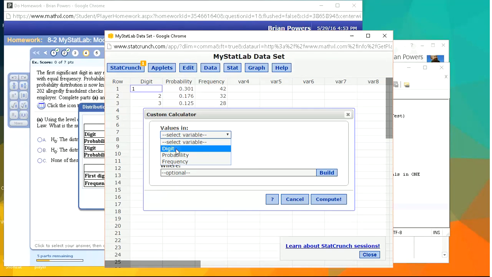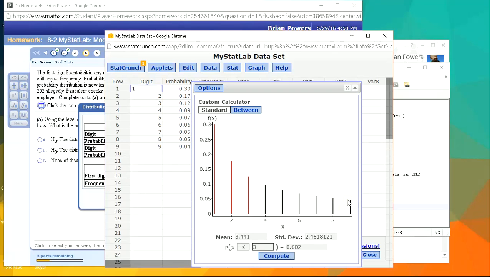The values are in the digit column, and the frequencies, the weights, are in the probability column. This is the shape of the distribution for Benford's law. These are the values 1 through 9. Notice 0 is never the first digit, because if it starts with a 0, you don't write the 0.